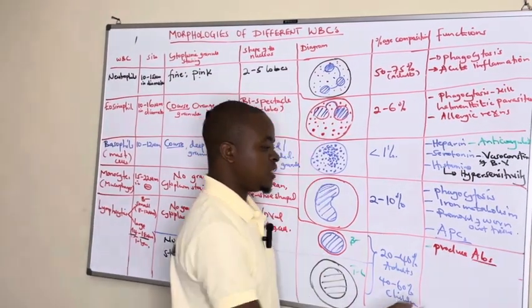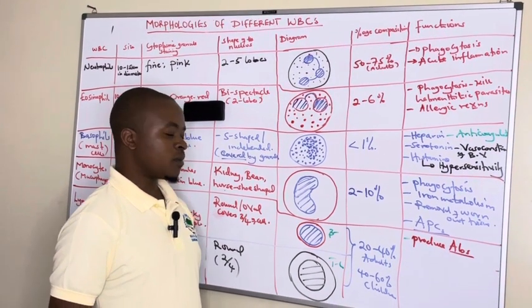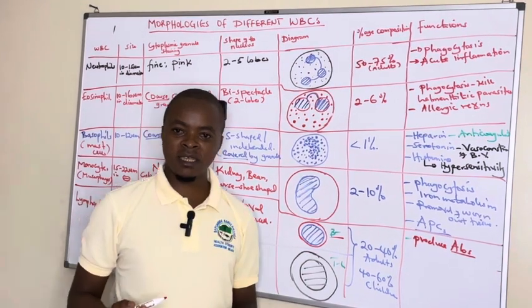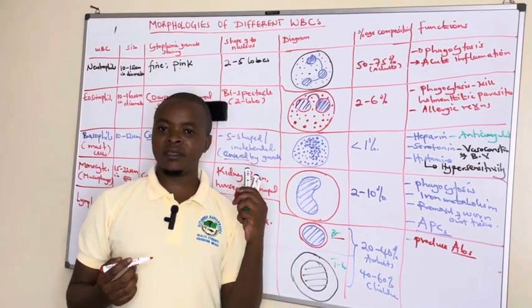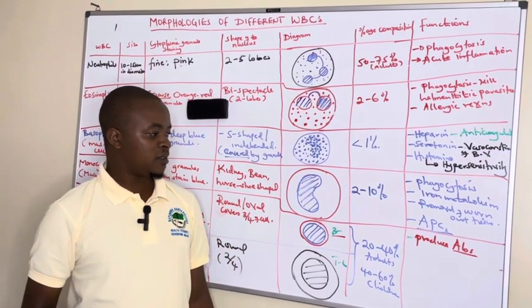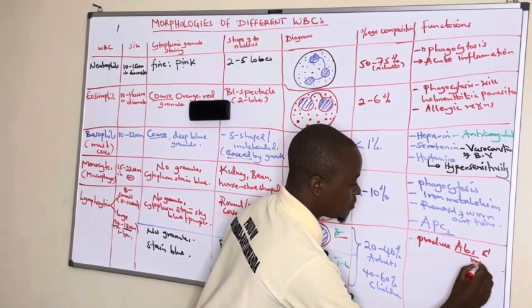They proliferate into antibody-producing cells and memory cells. Even when you have suffered malaria, the body is able to keep memory, so that when it comes back, it can easily fight it. That is production of antibodies and memory cells.